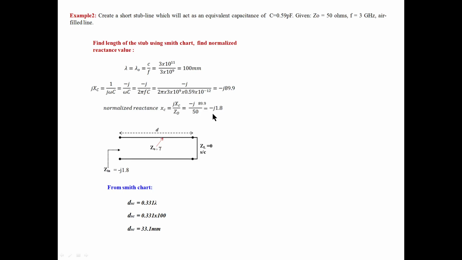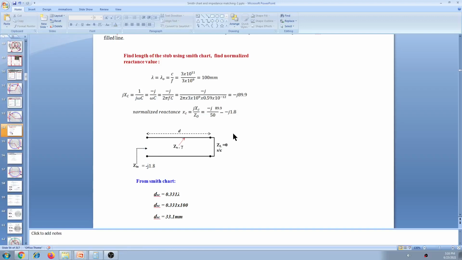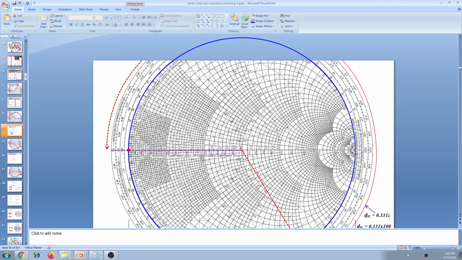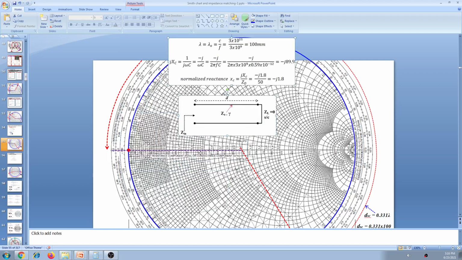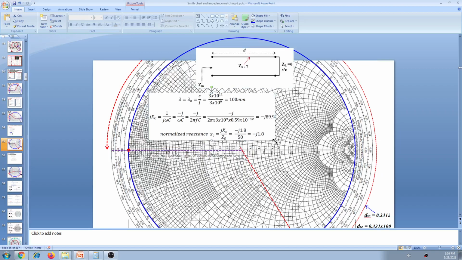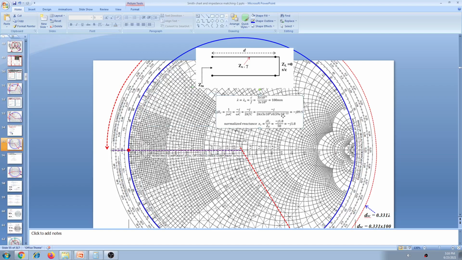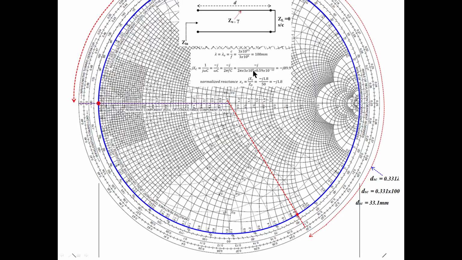To get this, go to the Smith chart. So we got a normalized reactance value. What we needed is minus j 1.8.